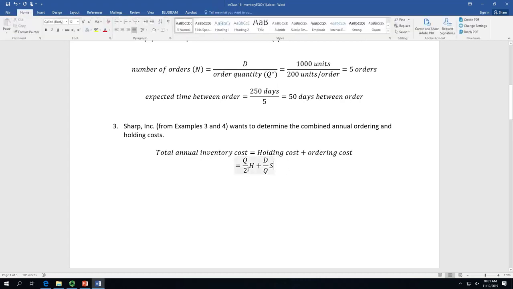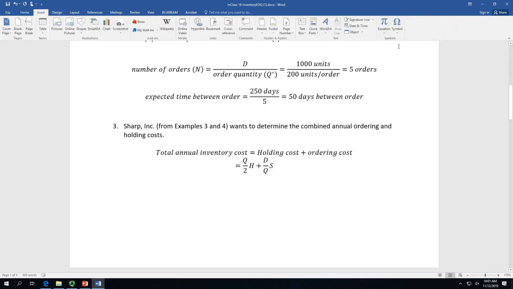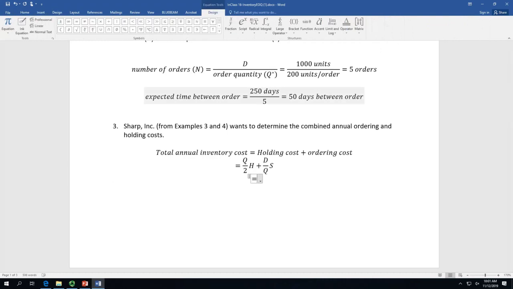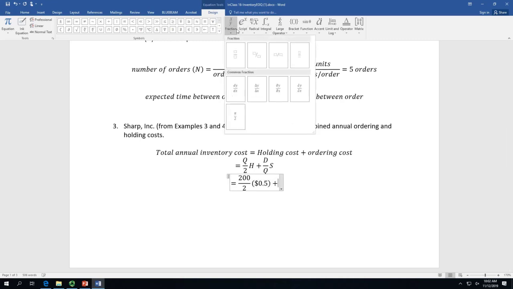Because we already calculated Q equals 200 as the ordering quantity, it's 200 divided by 2 times 0.5. This is per unit per year.